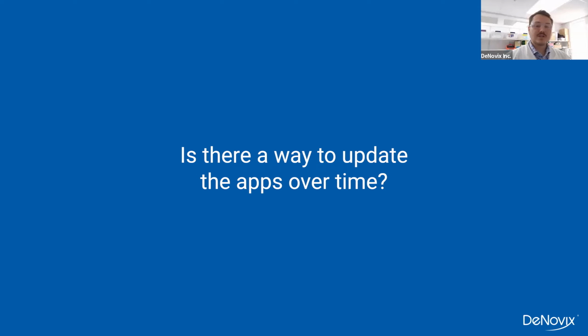Yes. So all of our software updates are free. They come out every 6 months or so, and you can update the instrument in two different ways. First is downloading the zip file from our website onto a USB, or if you're able to connect the instrument to your network via Wi-Fi or Ethernet, you can download the update through there.